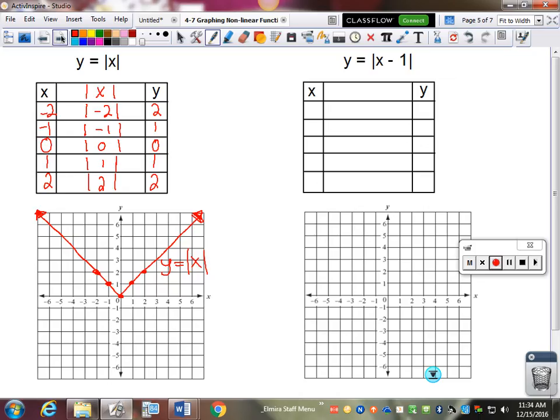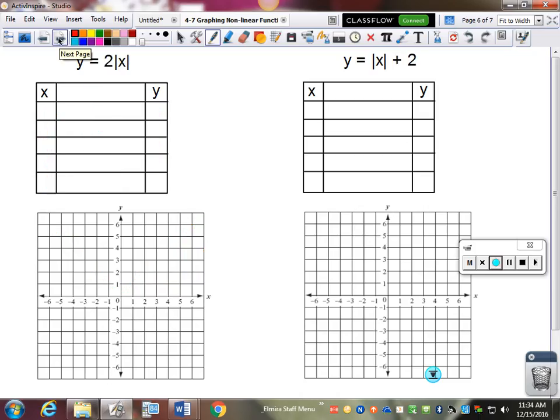Okay, here again, I'm not going to do every graph in the notes. Let's say I did this one here, 2 times the absolute value of x. Negative 2 absolute value is positive 2 times 2 is 4.